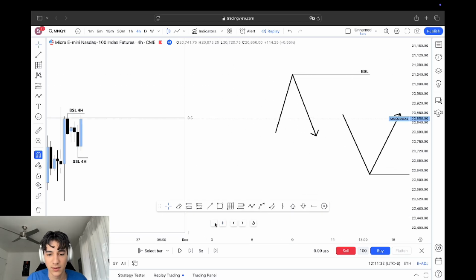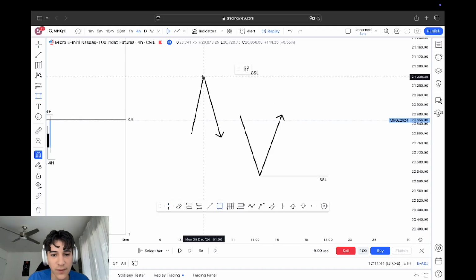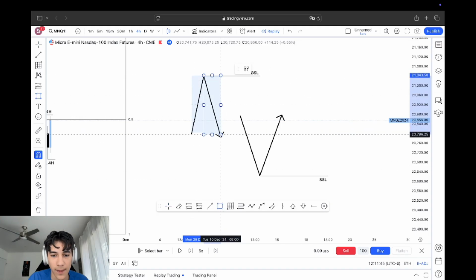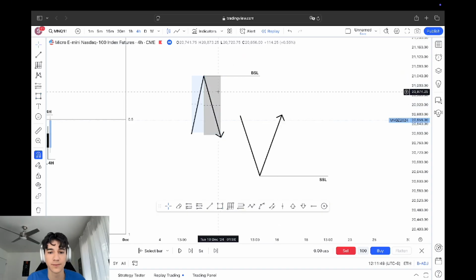If this kind of makes some sense, up move, down, up to down candles. So it's two candles. Think of it like this: boom, boom. This one's black, for example.